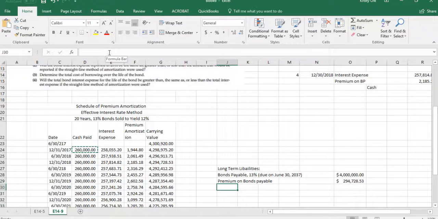Therefore, it's $294,728.53 that is left from the amortization. So if we were to take both of these and add them together, which we will, we have our book value, bonds payable.